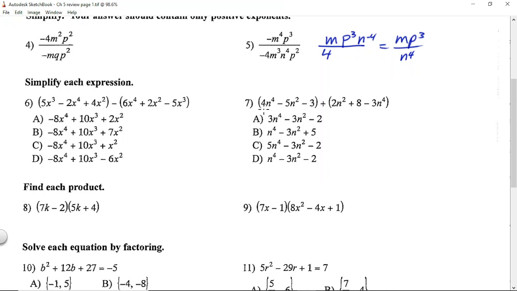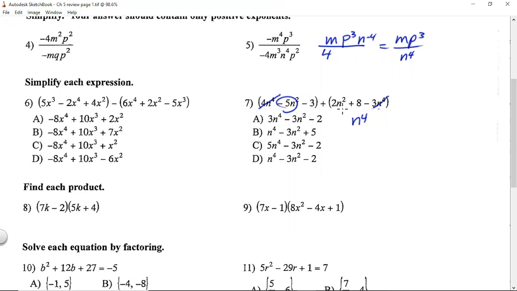So we look at the 4n to the 4th, and we also have negative 3n to the 4th, right? So 4n to the 4th minus 3n to the 4th is just n to the 4th. And then we can cross those off, and when we do that, it helps us make sure there's no more n to the 4ths that we missed, so looking good. So now we look at something else to combine, like terms, right?